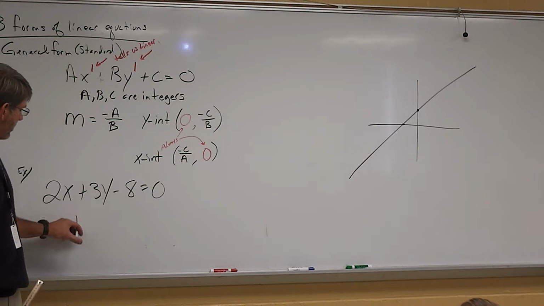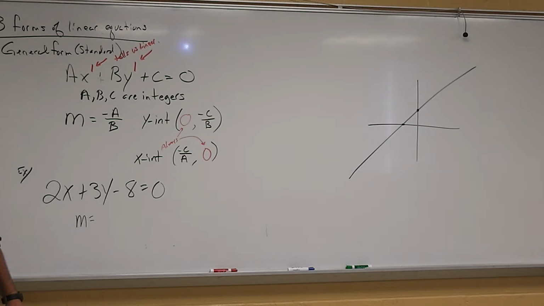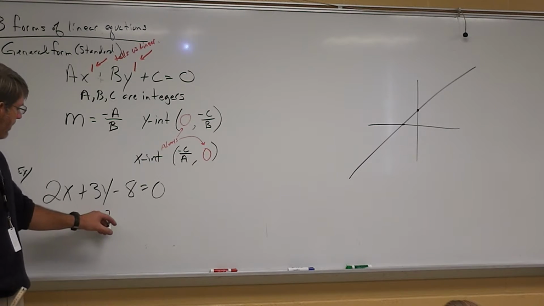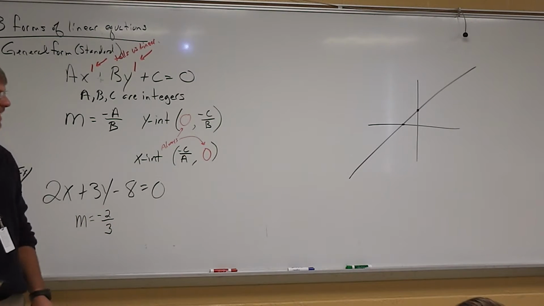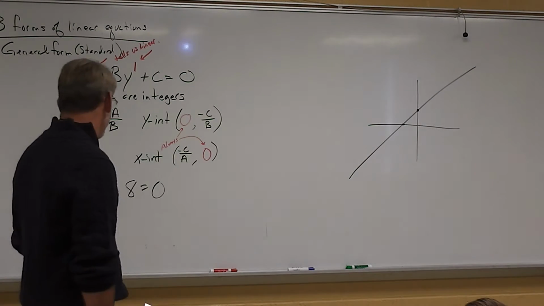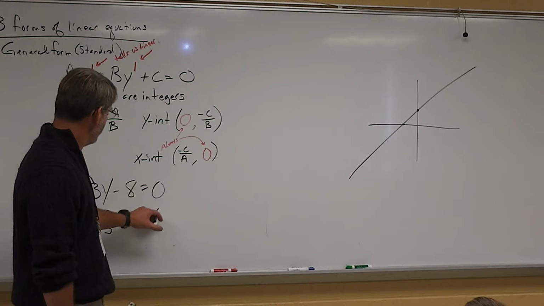If that's the case, what's my slope? Negative 2 over 3. Getting there. Yep. Y-intercept, yeah, we could go through this, figure it out.